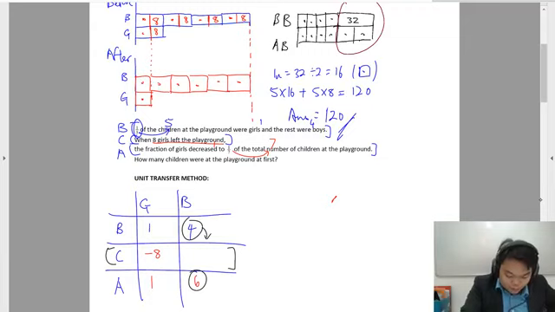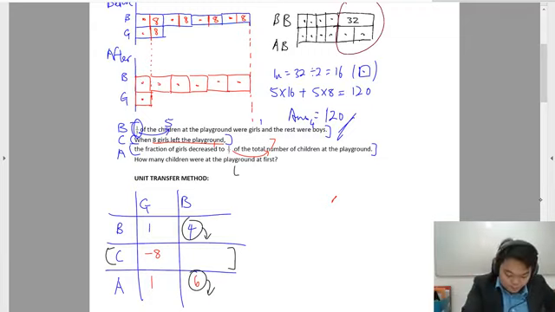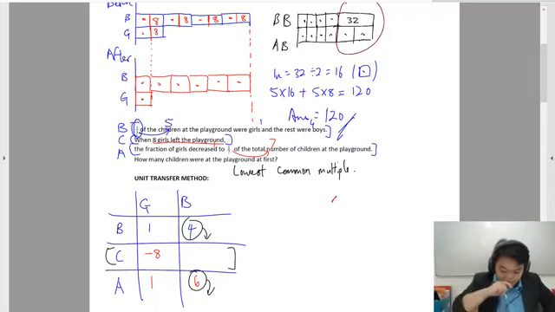We want to subdivide them into their lowest common multiple. And the lowest common multiple is the smallest number that can be divided by both 4 and 6 without any remainder.